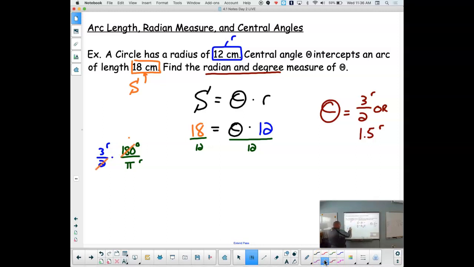2 would go into 180, 90 times. So theta here would also be equal to 270 divided by pi degrees, or approximately, let me grab my calculator, 270 divided by pi would be 85 point, let's call it 944 degrees.